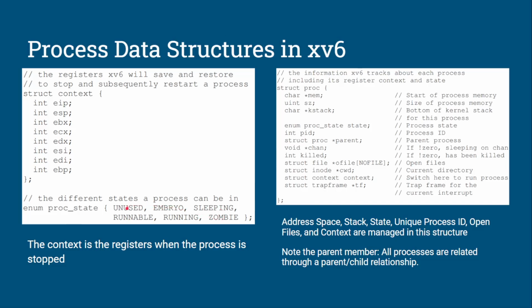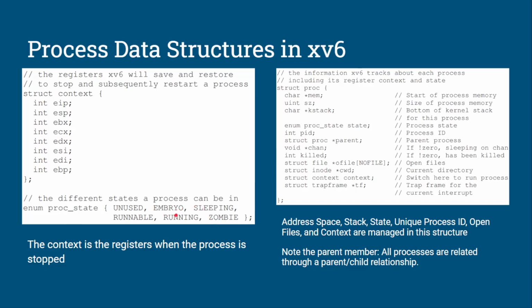These other three states are for internal bookkeeping of the processes. Unused basically means this is a structure that is not used and can be used by a new process. Embryo means that the process is in the process of starting up. It hasn't moved to a runnable state. And zombie is a process that has terminated but hasn't been cleaned up yet.